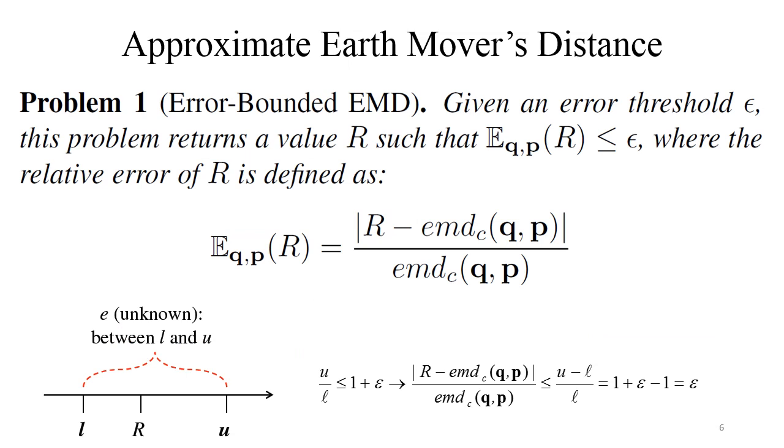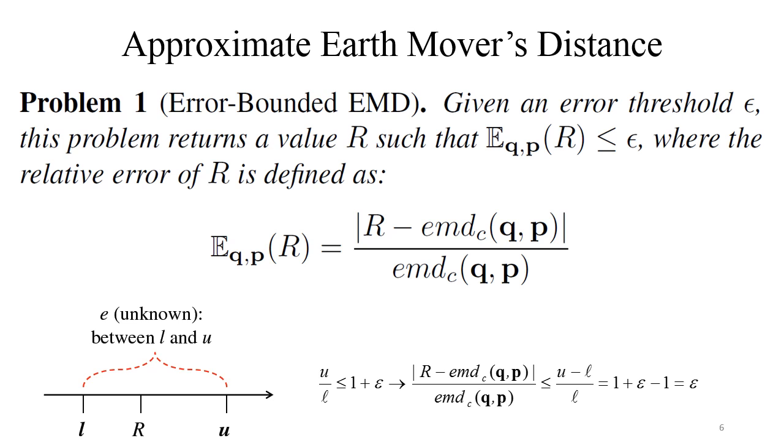To avoid the expensive EMD operation, we aim to provide a fast approximation without losing too much accuracy. Here, we propose the error-bounded EMD problem. Given an error threshold epsilon, we want to return a value R such that the relative error between R and EMD-QP is smaller than this threshold epsilon.